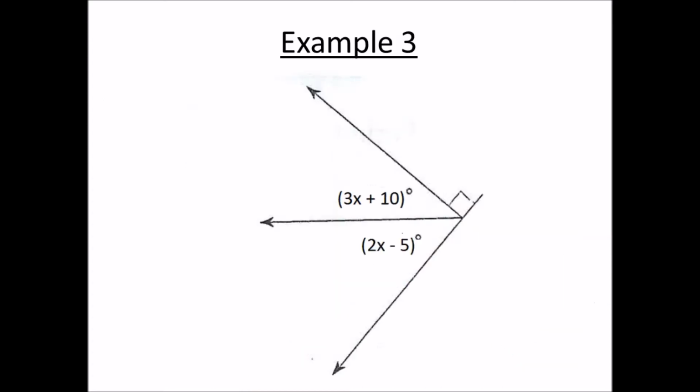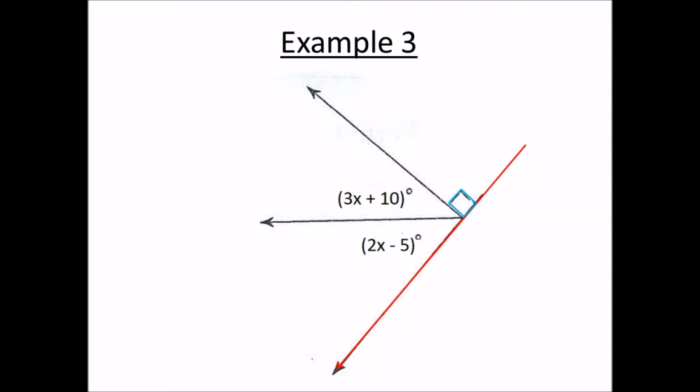Example 3. So this is a little different. If you notice, there are no angles in here that are given. If anything, both of these angles right here have unknowns, which are the x's right there. So we're going to attack it differently. We know for sure that this is a straight line, so that equals 180 degrees. We know for sure that this angle right here is 90 degrees.